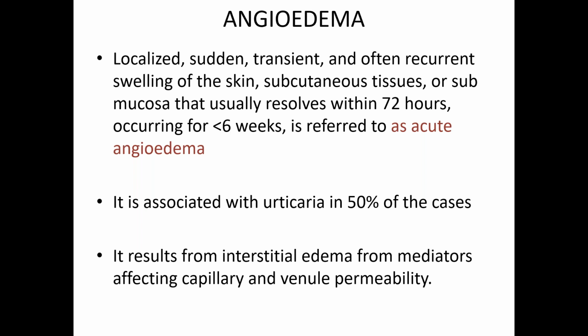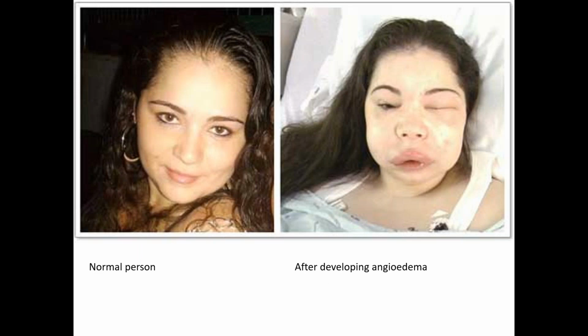If it occurs for less than 6 weeks, it is acute angioedema. It may be associated with urticaria in 50% of cases. It results from interstitial edema from mediators affecting capillary and venule permeability.